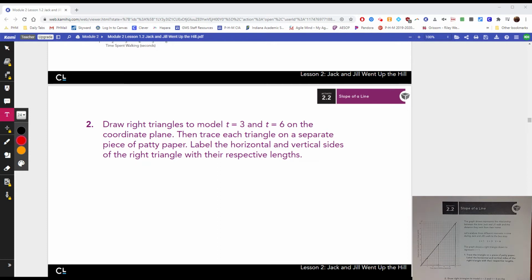Get another piece of patty paper. That's when t equals 3. This one is going to be when t equals 6. So all the way up this line.